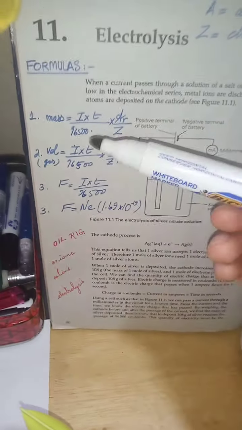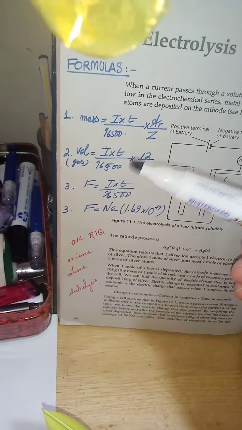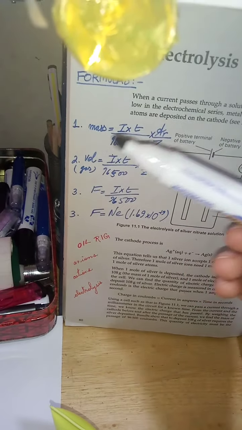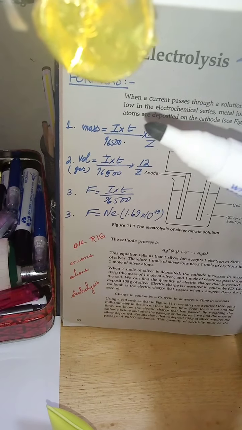So again, this formula is very, very useful for electrolytic solutions. Now this one's for gases, but this one's really very, very useful for mass deposition or finding any of the other missing quantities. So it's very useful indeed.